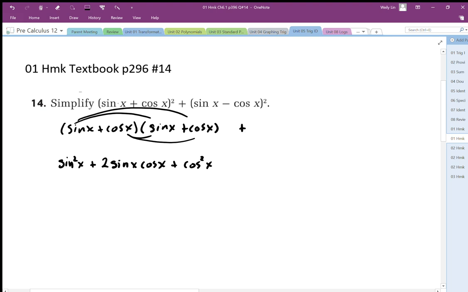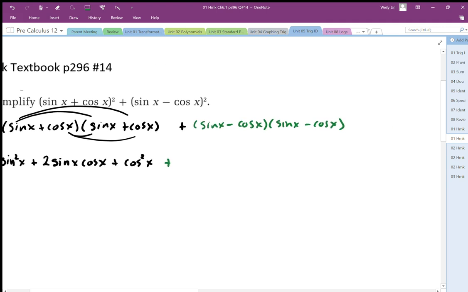So whenever we expand out a binomial with a square, we have to remember that middle term. So this portion here is going to be sine x minus cos x times sine x minus cos x.